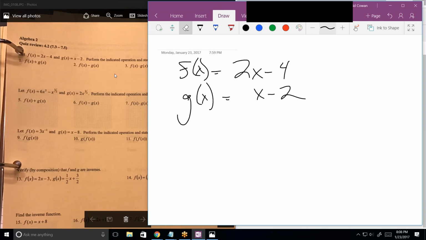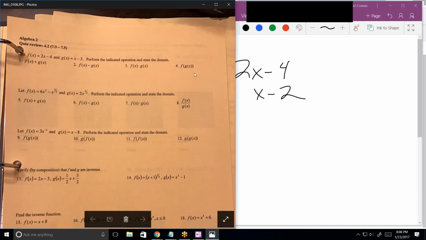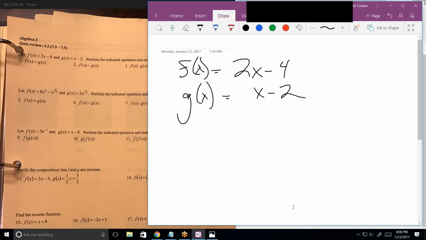All right, so we did 1 through 4. I guess I could have erased, huh? In other words, I didn't need these two. I thought there were still more problems to go. Oh, no worries.